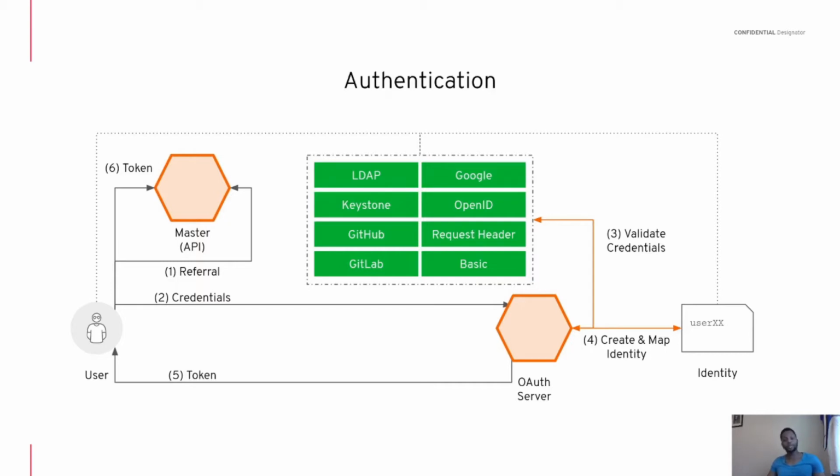The OpenShift API has two methods for authenticating requests. The first method is OAuth access tokens and X509 client certificates. The OpenShift Container Platform provides the authentication operator, which runs an OAuth server. The OAuth server provides OAuth access tokens to the users when they attempt to authenticate to the API.